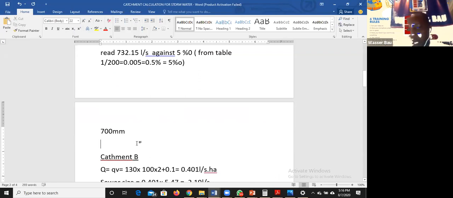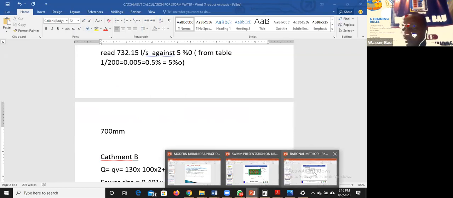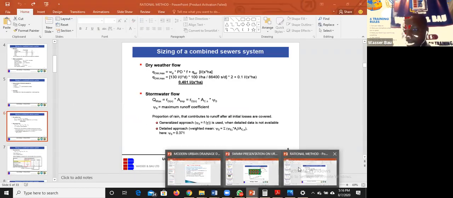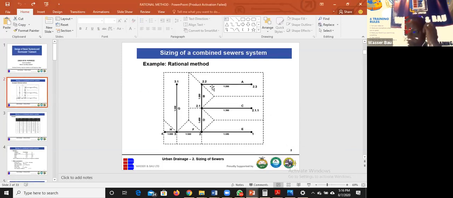That's what I got now by reading against it. So you can see that for the stormwater design for catchment A, the size of pipe is 700 millimeter, which is 0.7 meters. That is 2.5 feet, about that.